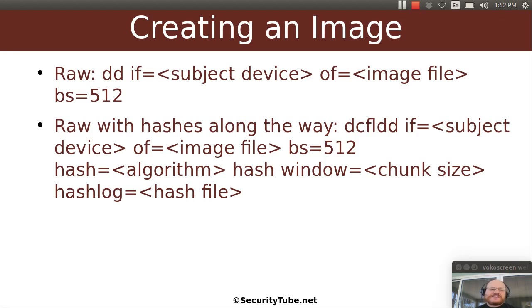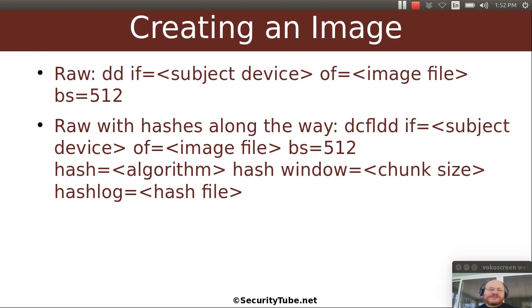And on your Linux system, if you say dd and then you give it if equals and the name of your subject device, let's say it's /dev/sdb, and of equals the name of your image file, which might be your case number .img or this drive identifier, etc.